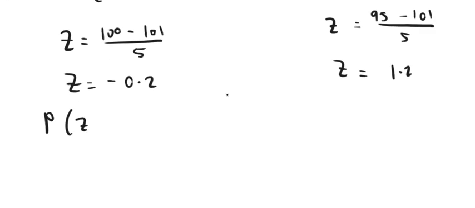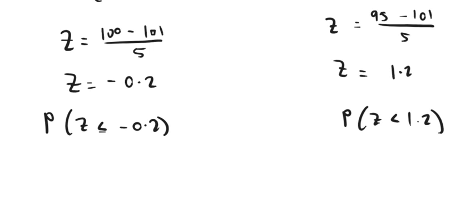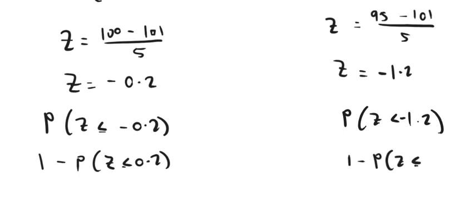So the probability that z is less than minus 0.2, and then the probability that z is less than minus 1.2, and they're both actually minuses here. So in each case, we'll have to do one minus the probability that z is less than 0.2, and we'll have to do one minus the probability that z is less than 1.2.